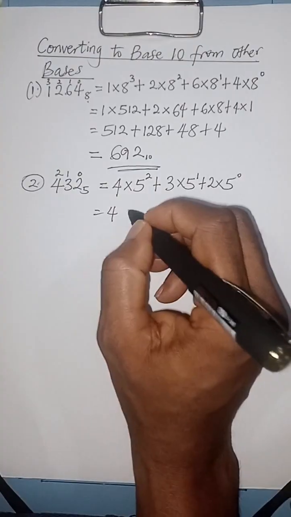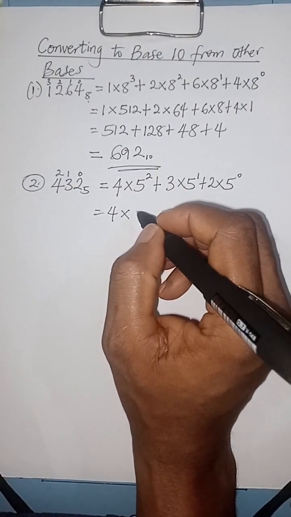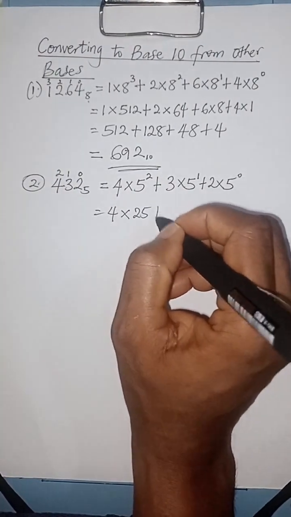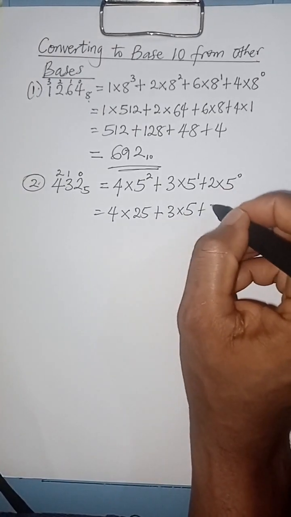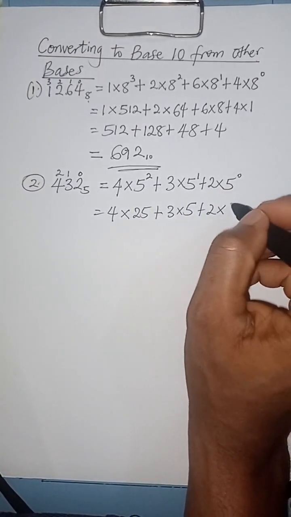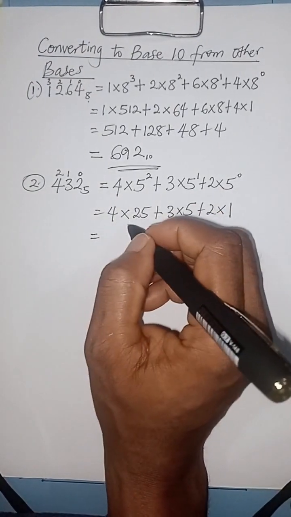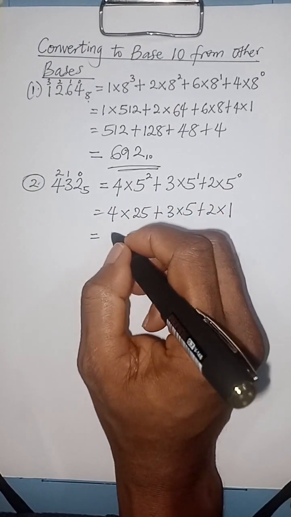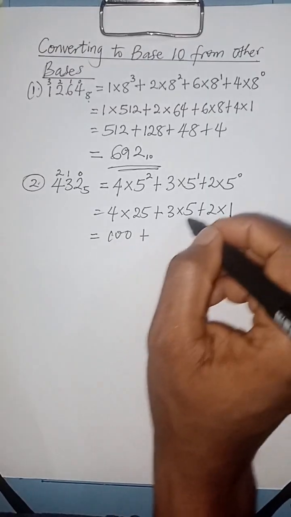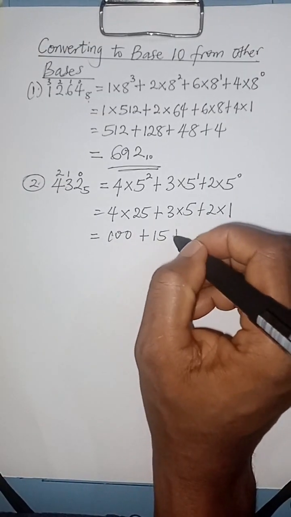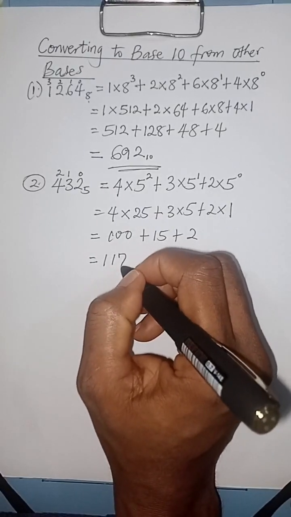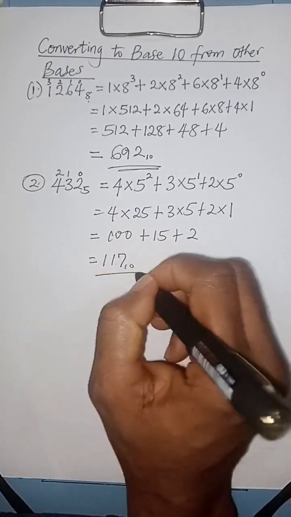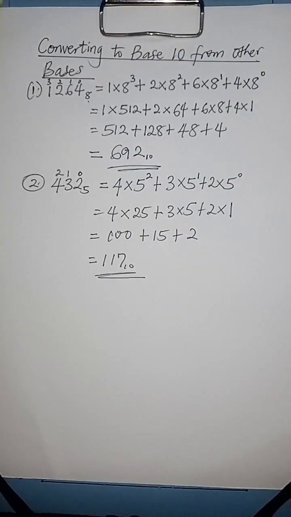So this will give you 4, 5 raised to power 2, 5 times 5, 25. 3 multiply 5 raised to power 1 is 5. 2 multiply 5 raised to power 0, it's 1. So this would be 4 times 25, it's 100. 3 times 5 is 15. 2 times 1 is 2. This gives you 117 in base 10.